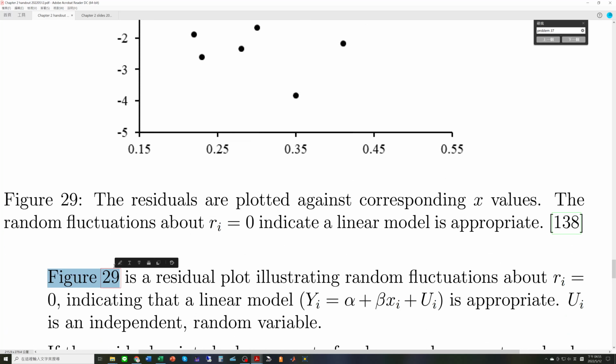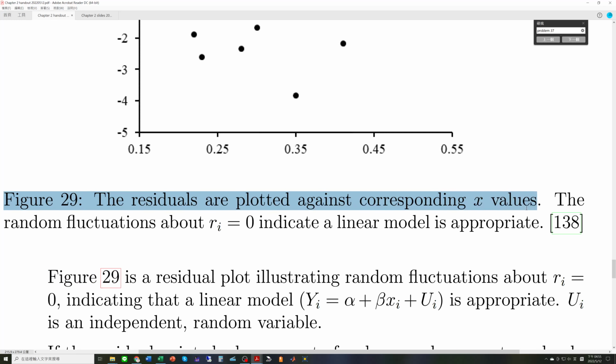Figure 29. Let us see figure 29. In figure 29, the residuals are plotted against corresponding x values.